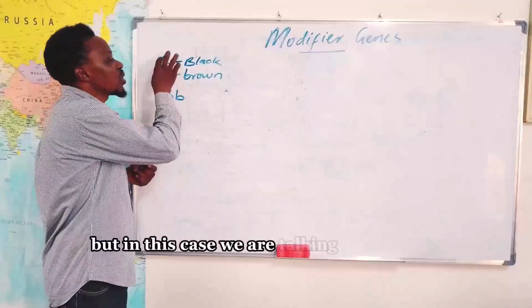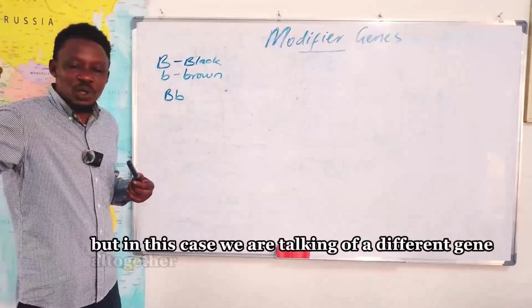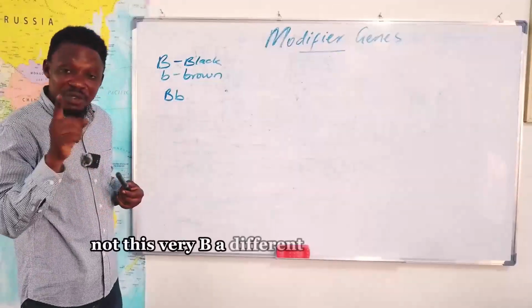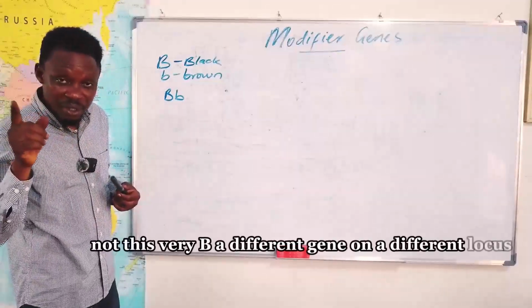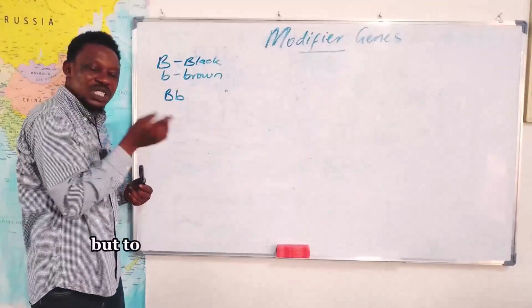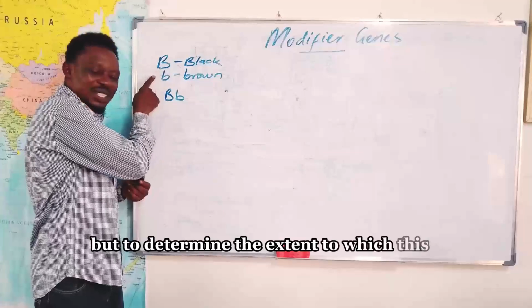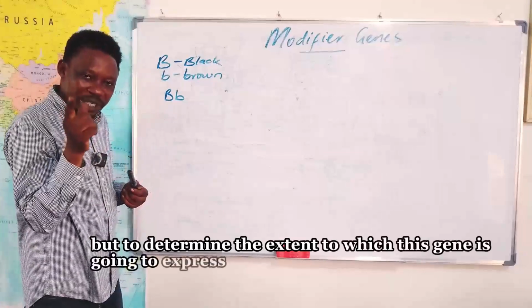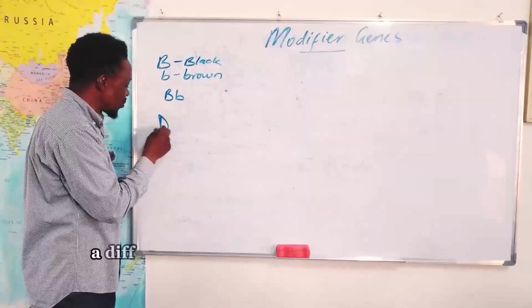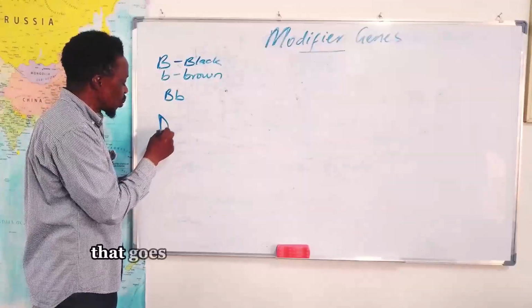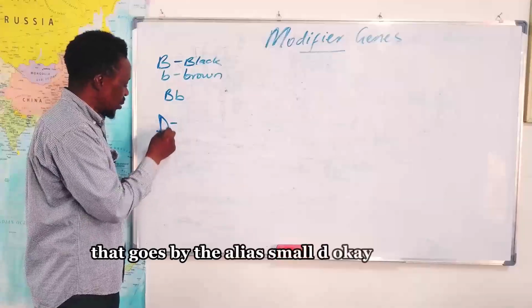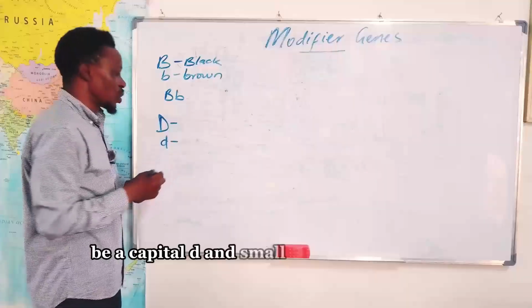But in this case, we are talking of a different gene altogether, not this very B, a different gene on a different locus acting, and not to mask this, but to determine the extent to which this gene is going to express. So let us say that we have a different gene on a different locus that goes by the allele capital D and small d.